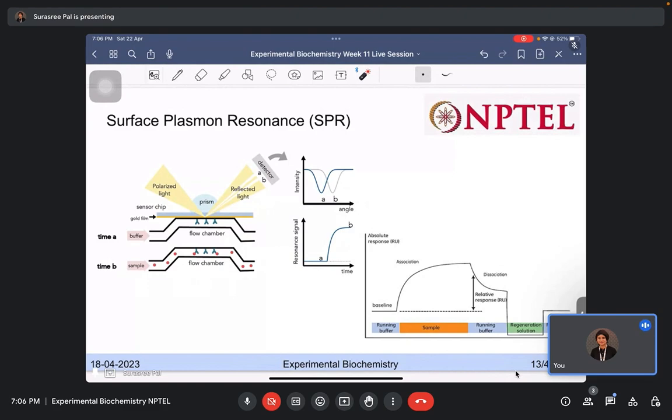This change of angle can be detected by a detector, and this can be plotted. The resonance signal, or the response, of this kind of experiment looks like this.